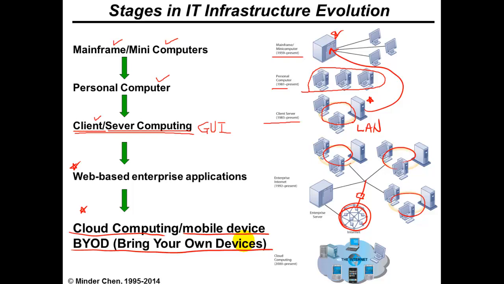They bring it to the office. They want to get access to corporate information system data through their own device. Eventually, at least the trend in industry, IT departments start to support this movement, allowing employees to bring their own device.